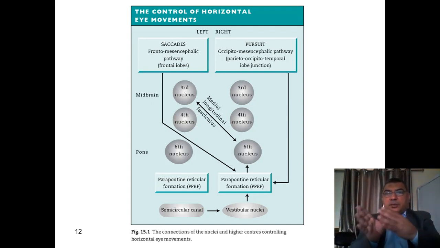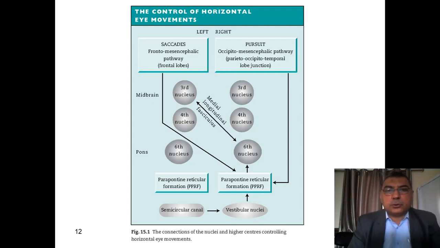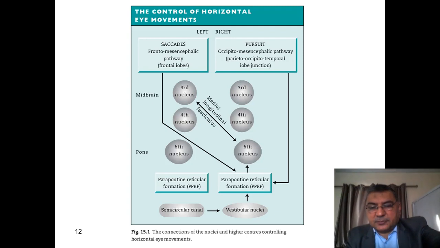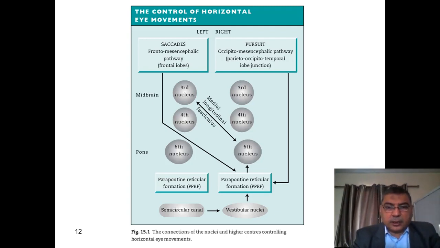Also, when you finish following a target, you need to refixate on another target with a rapid saccadic movement, which is controlled by the fronto-mesencephalic pathway in the frontal lobe. So this is the control of ocular movement, with its higher supranuclear control and feedback from the vestibular nuclei and from the cerebral cortex.